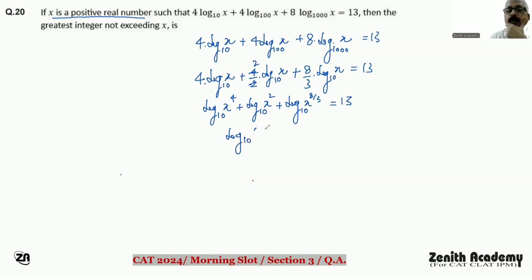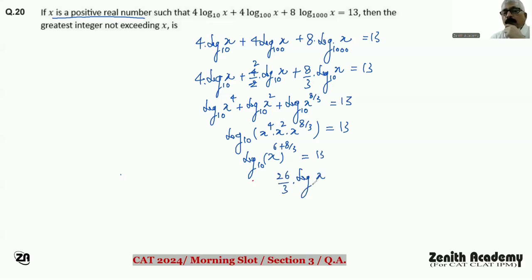This is log of x to the power 4 plus 2 plus 8 by 3 is 13, means 6 plus 8 by 3 is equal to 13. 3 sixes are 18, 18 plus 8 is 26, so 26 by 3 log of x base 10 is equal to 13. 13 ones are 13, 13 twos are 26.